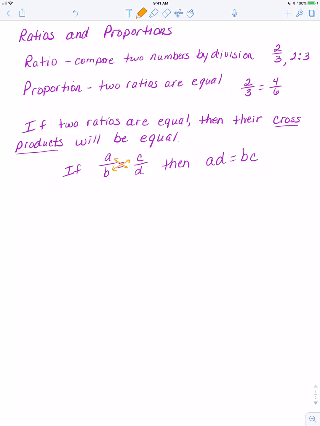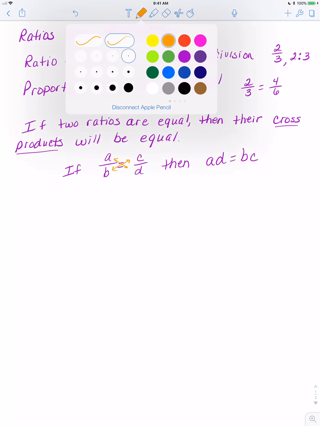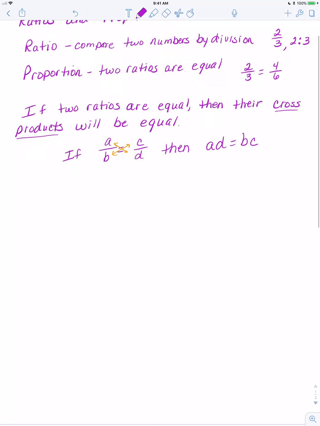That's how we're going to check those. So you might be asked whether a pair of ratios are proportional. And so we're going to do a couple of examples.